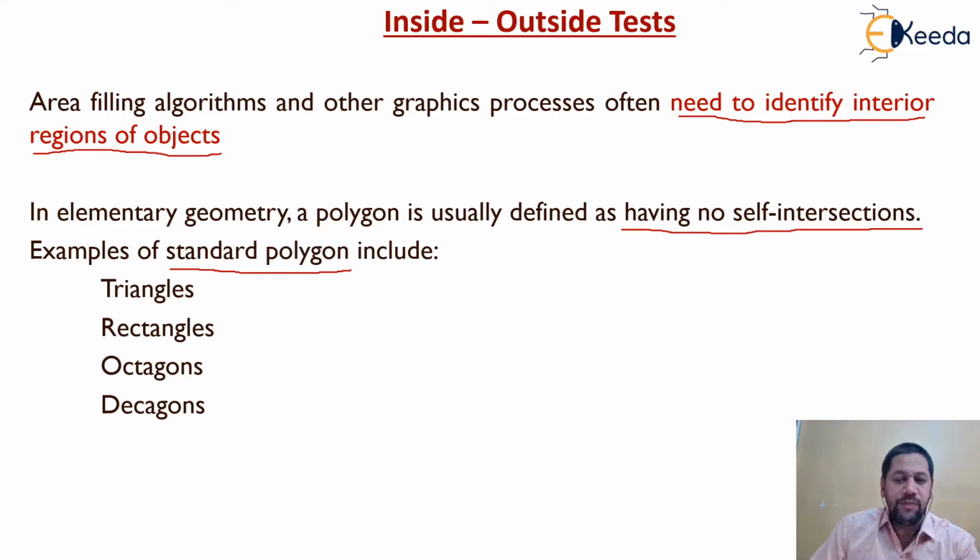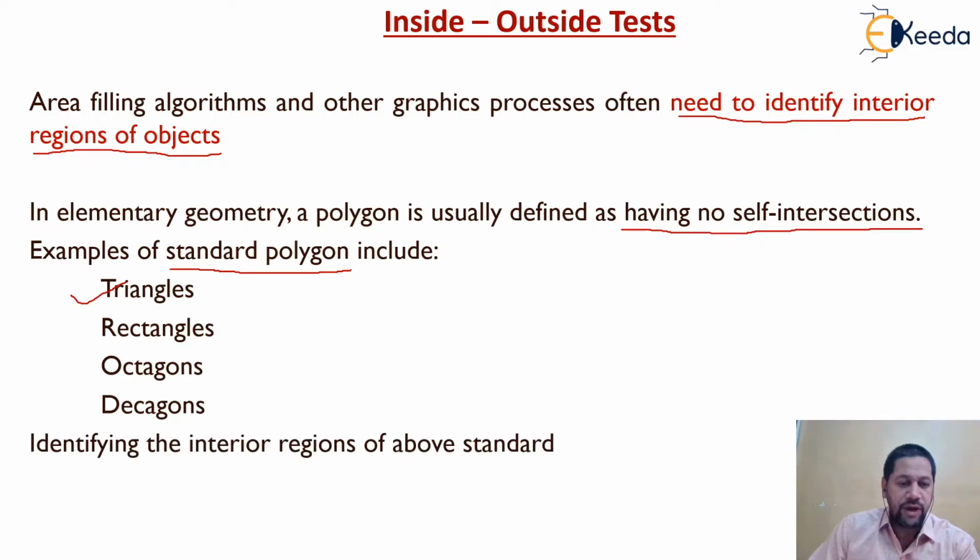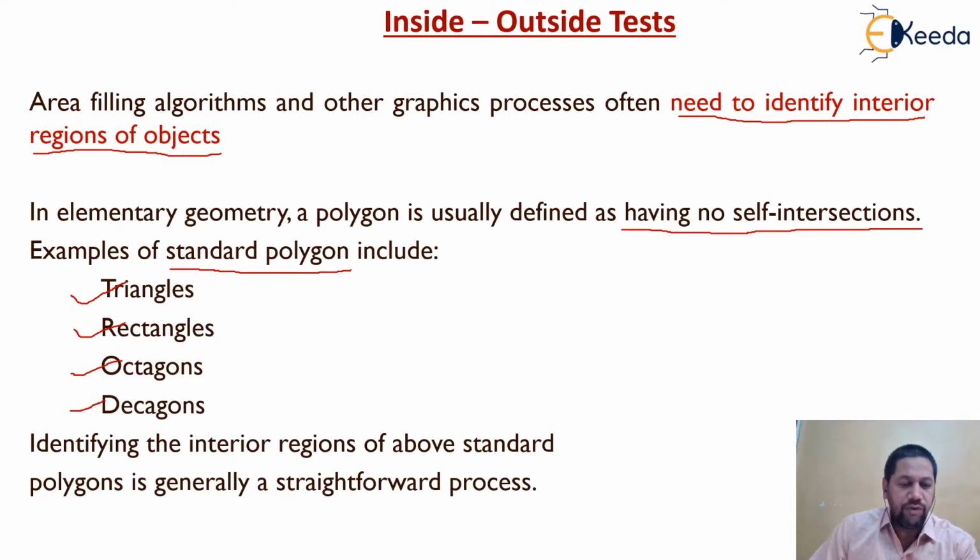Examples are the triangle, rectangle, octagon, and decagon. All these we consider as different types of polygon.